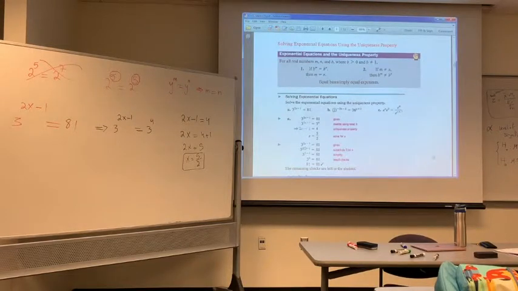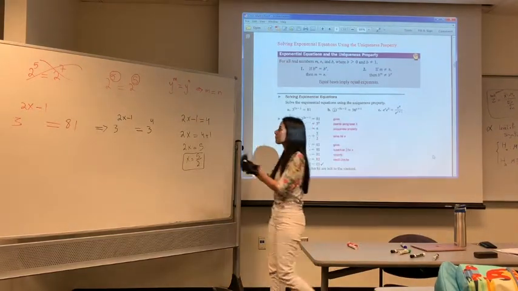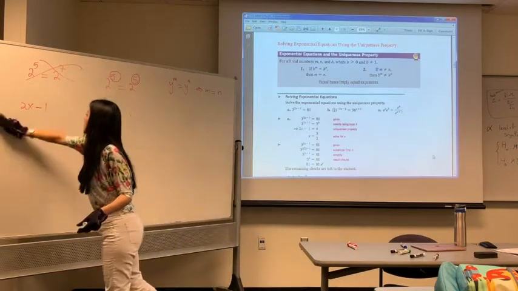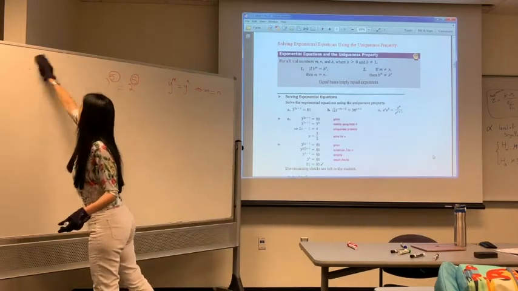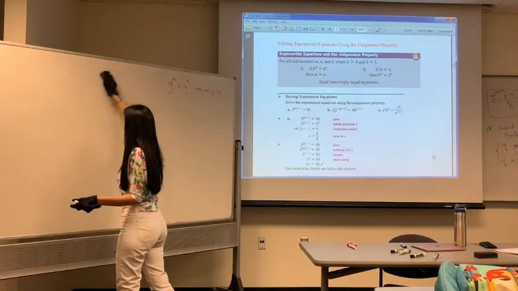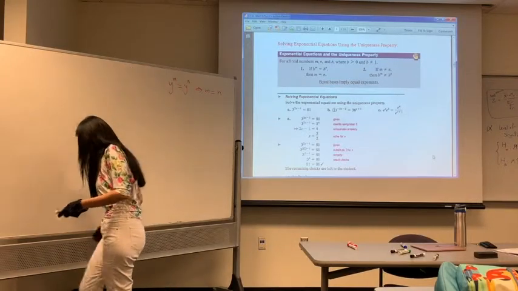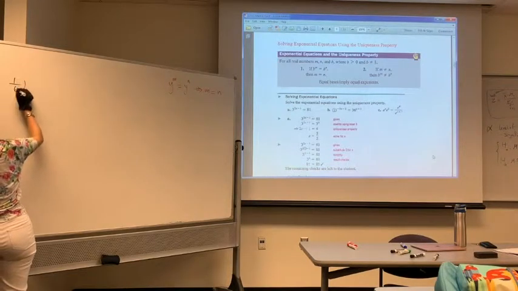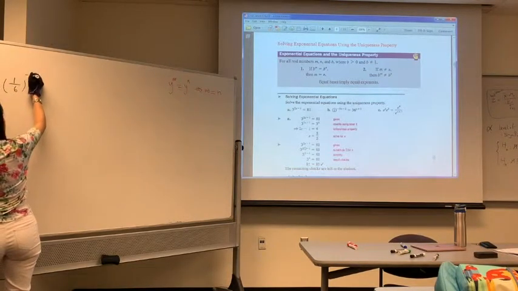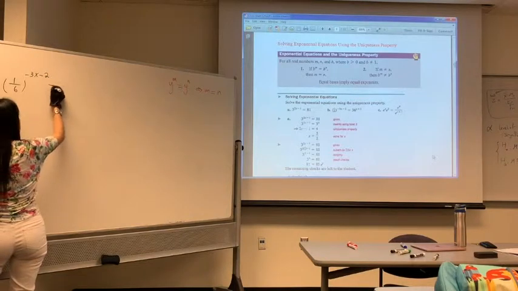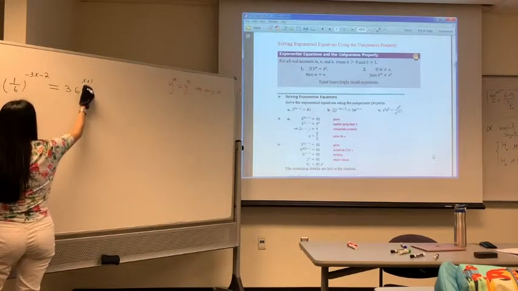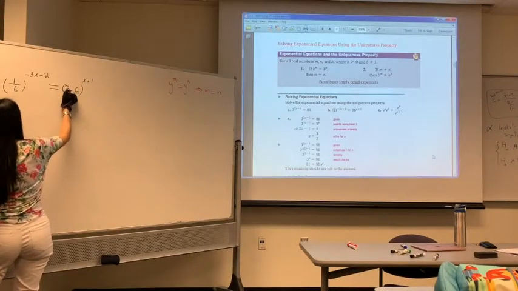So the next one. Power negative 3x minus 2 is equal to 36 power x plus 1.